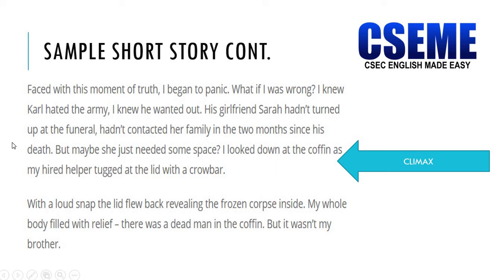The arrow identifies the section of the story where the reader is not sure what will happen. When the narrator opens the casket, we are not sure who or what is going to be in the coffin. And so this can be considered the highest point of action.